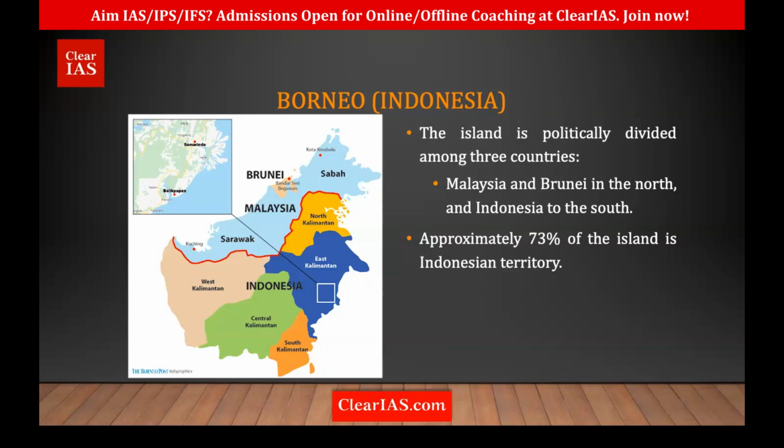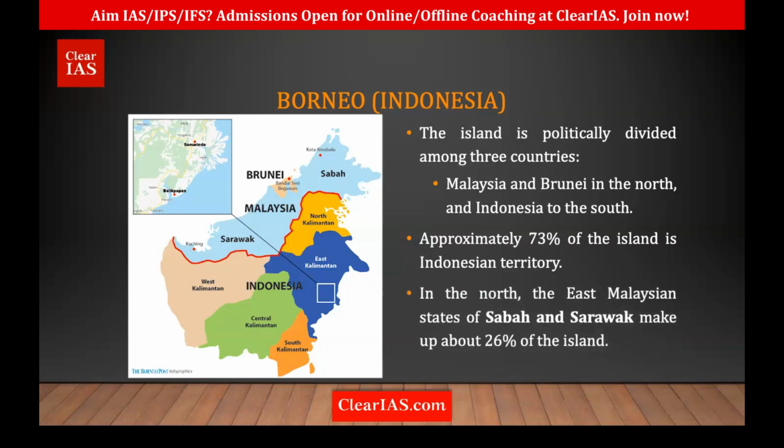Then a small part goes to Brunei. Remember, in the north, the eastern Malaysian states of Sabah and Sarawak make up 26% of the land, and apart from that there is also Brunei. So three countries make up Borneo: Brunei, Malaysia, and Indonesia. Clear?